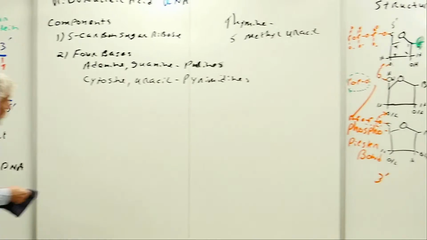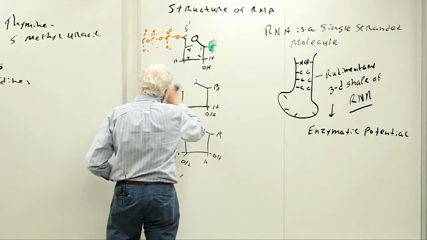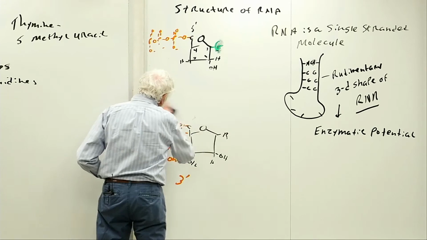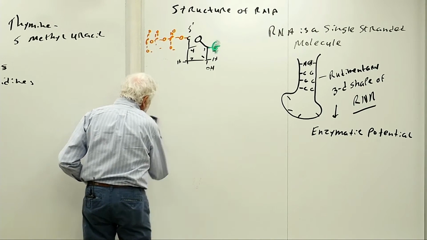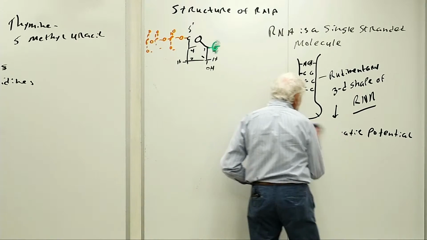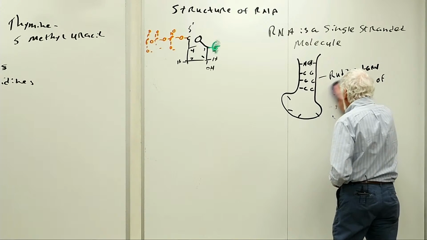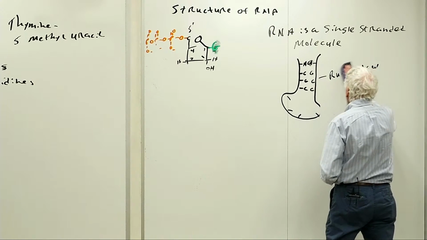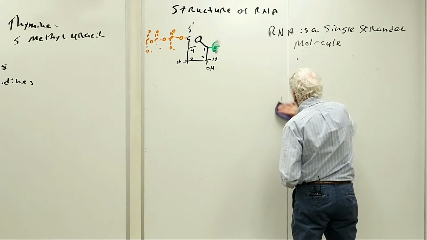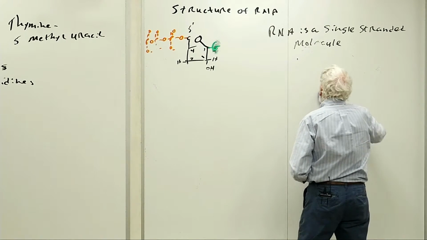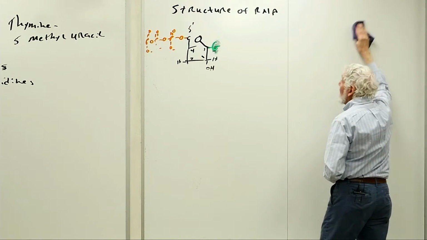I always have to draw it from 3' to 5', because we're going to read the DNA template strand always 3' to 5', and then generate this new strand of RNA complementary to that in the 5' to 3' direction.